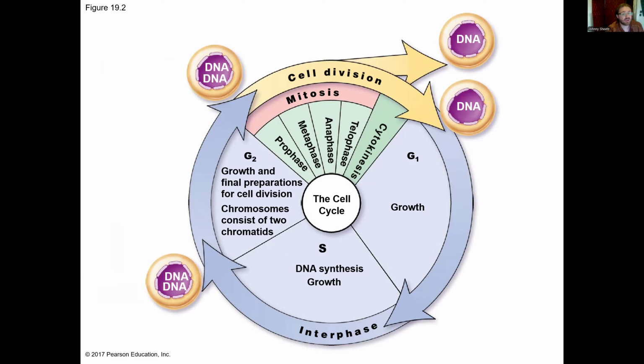Once we have a double set of DNA and we've pretty much doubled in size, we begin mitotic division, also known as non-sexual cell division. So the first stage of this is prophase, then it goes into metaphase, anaphase, and telophase. And we'll go into greater detail on all of that a little further in. But for now, just know this is the process by which all the organelles and DNA get evenly divided to either pole of the cell.